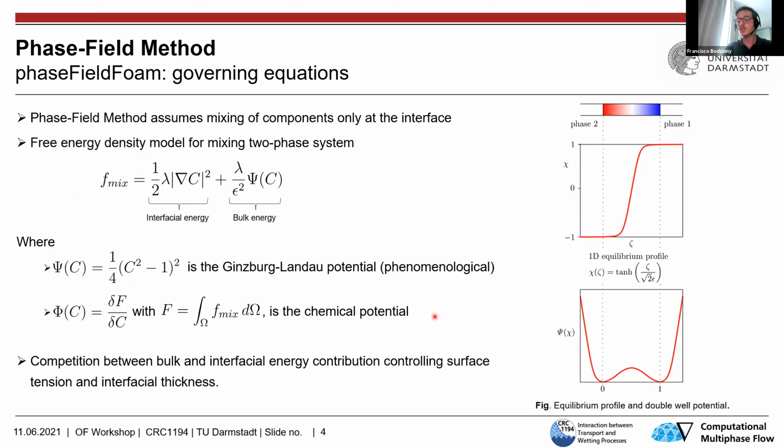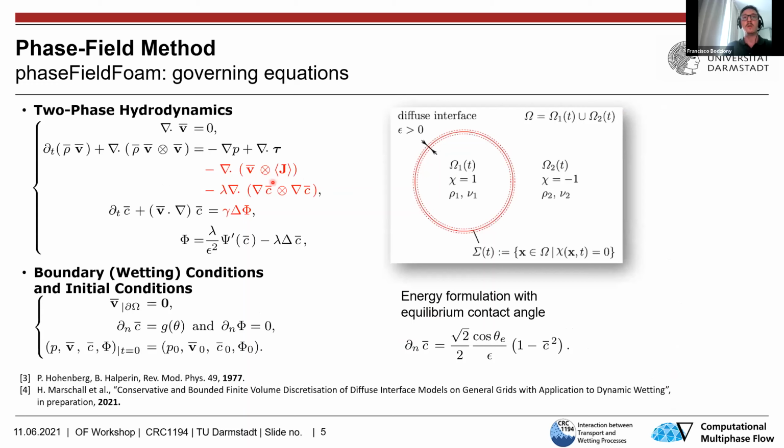The chemical potential is the driving force that moves the interface, and so it's set on the right-hand side of the momentum equations. Also, we have this equation, the Cahn-Hilliard equation, which models the evolution of this interface.